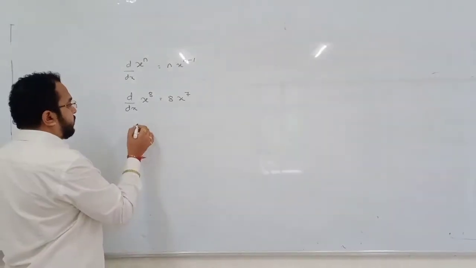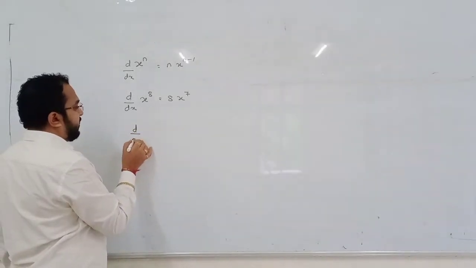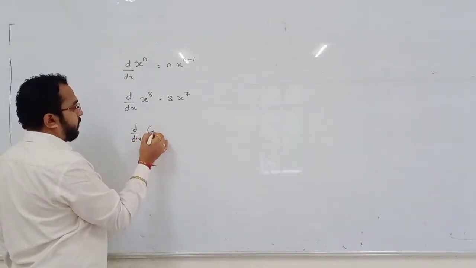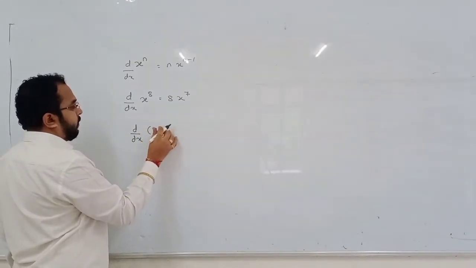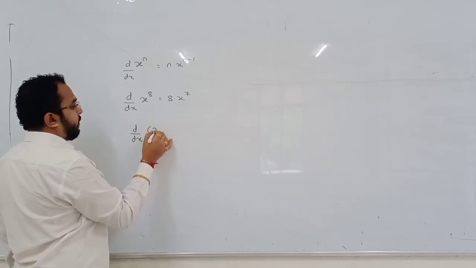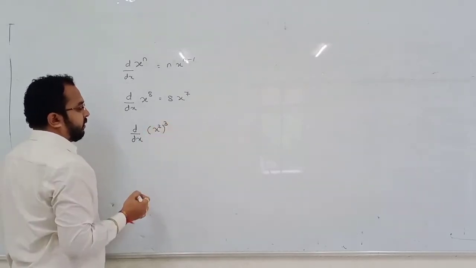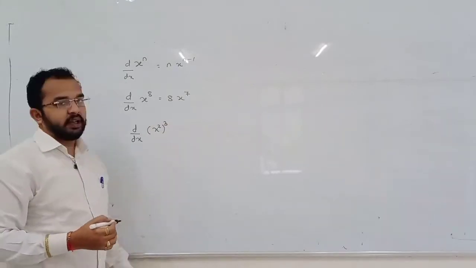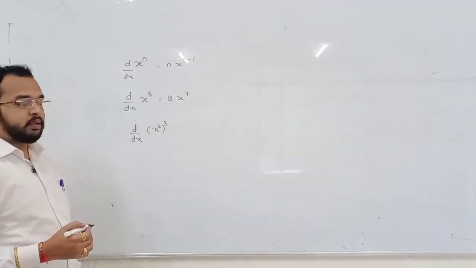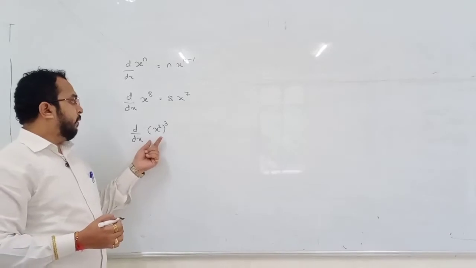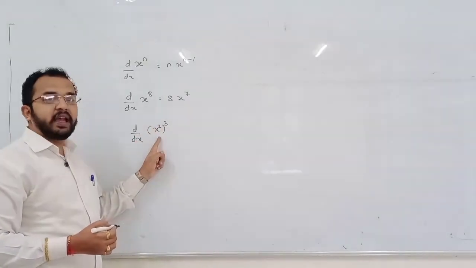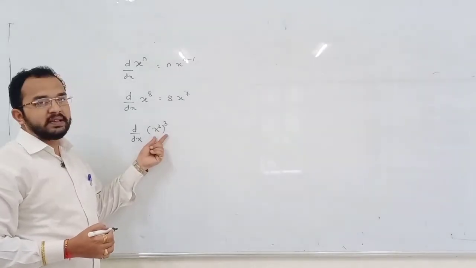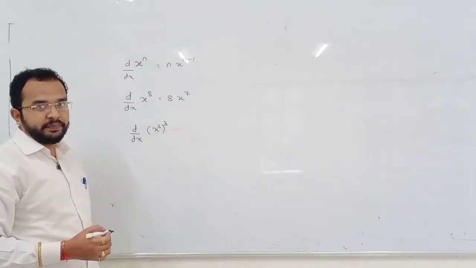For example, I will tell you x square to the power 3. Now we have to differentiate it. So here first assume whatever is given in the bracket as x, and differentiate it.